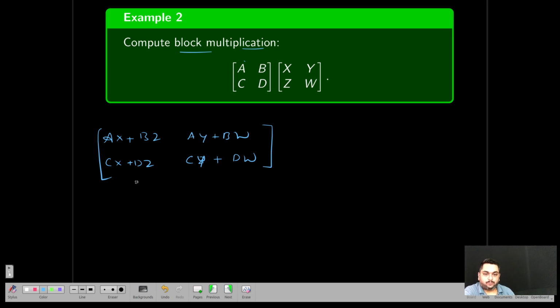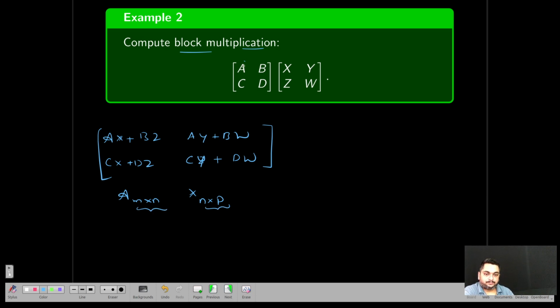This is permitted only when the order is right. Say block A is M cross N, and you are multiplying it with X, right? So X should have N cross, say, some P. Otherwise, this is not possible. So you have to be very careful with this.